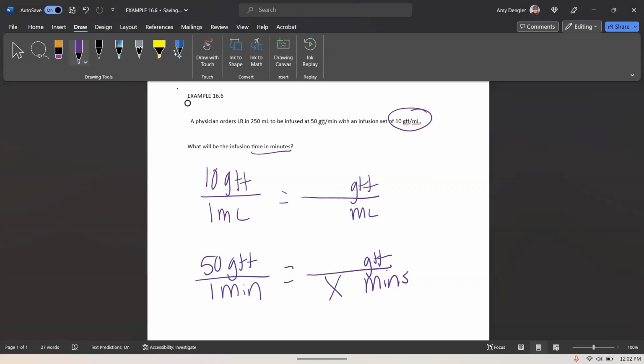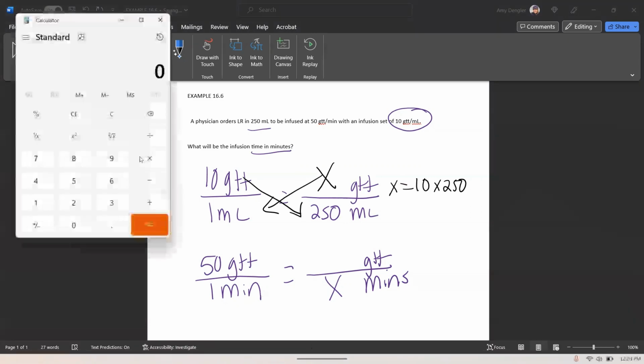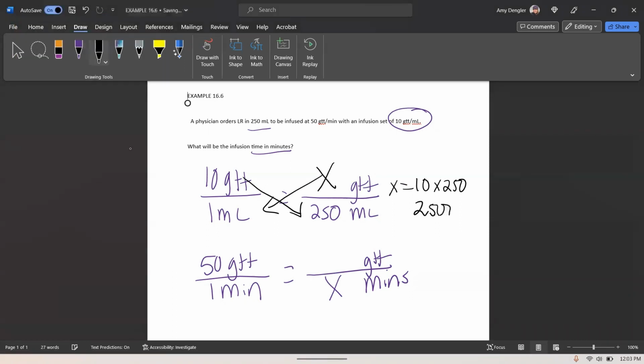All right, so for my first problem, I'm using that 10 drops per ml. I have 250 ml. What I need to find out first is how many drops is that 250 ml. So X times 1, which is just X, is equal to 10 times 250, which is 2,500. So that's 2,500 drops, which I'm going to plug in here.